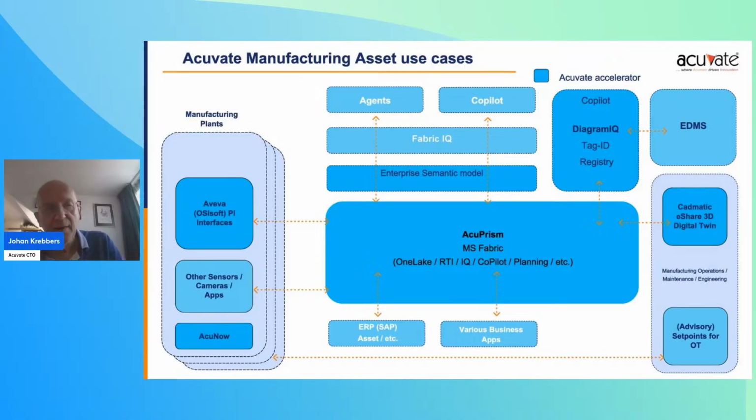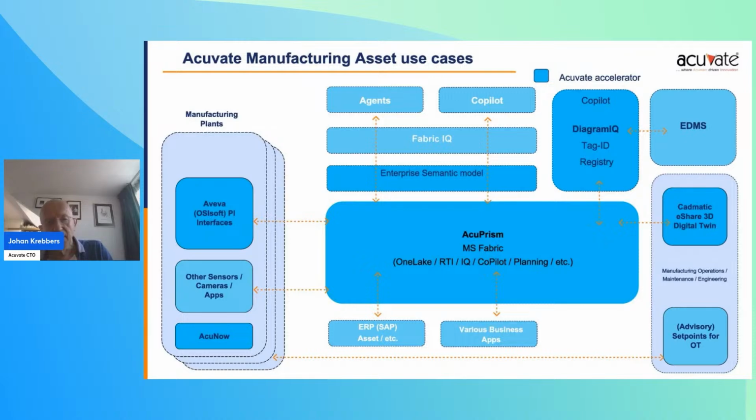And on the left, you see Fabric IQ, your enterprise semantic model. On top of it, we have full support for the ontology layer with agents. I'll show you some of the agents out here, Agentic Agent, and of course Copilot. These are all elements of the asset management for manufacturing side, because you keep in Acuprism, in your SAP environment, you keep your maintenance information, you keep your asset information fully accessible into Acuprism.